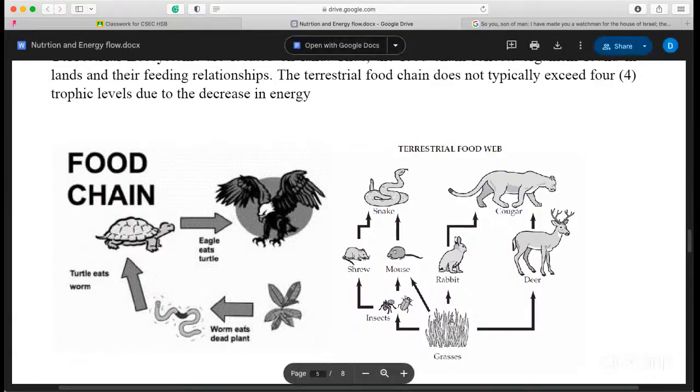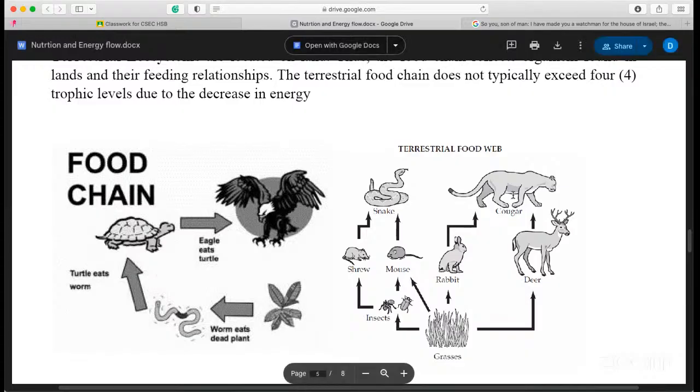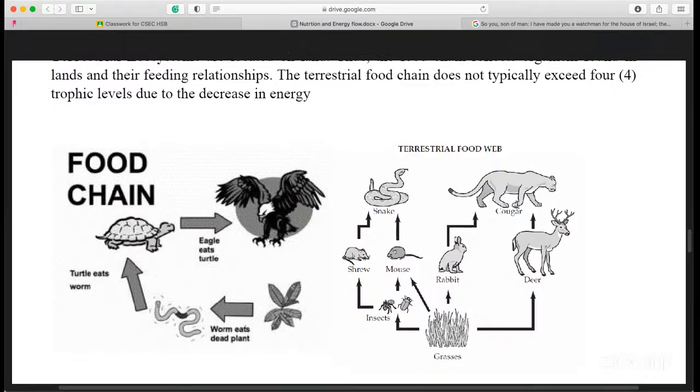If the rabbit population decreases, then less grass will be eaten, and since the deer is no longer feeding on the grass as well, less grass will be eaten by these two organisms, so more will be available to the others. But the cougar will lose a food source, so they may have to find another food source. And if the cougar's food source is decreased, then their population can also decrease.